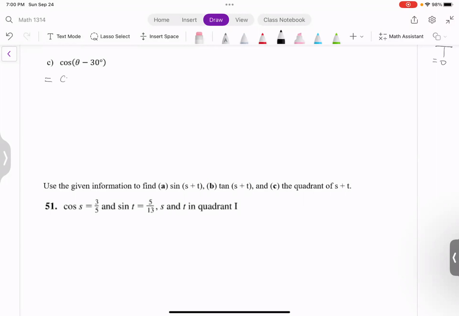The difference of cosine is cosine theta times cosine 30 degrees, plus sine theta times sine 30 degrees. So we have square root 3 over 2 times cosine theta, plus sine theta times sine 30, which is 1/2 sine theta.